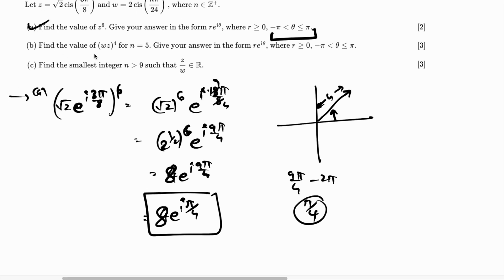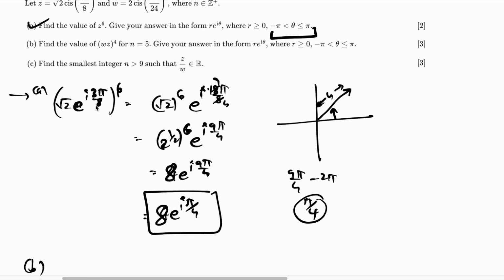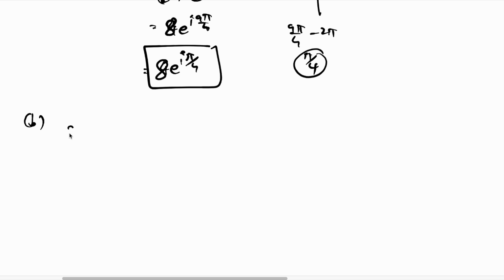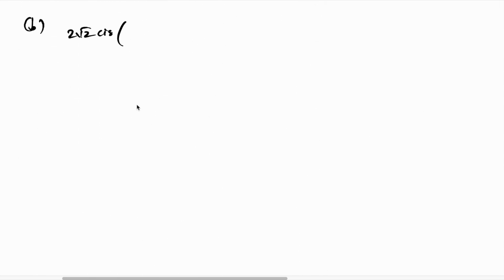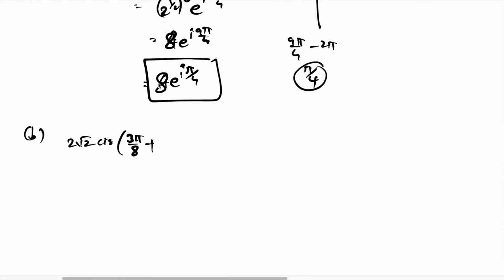The B part is saying find the value of w into z raised to 4 for n is equal to 5. Give your answer in the form r e raised to i theta. So w into z is the multiplication of these two, for n is equal to 5. So it will be 2 root 2 cis, addition of the argument, which is 3 pi by 8 plus this 5 pi by 24.